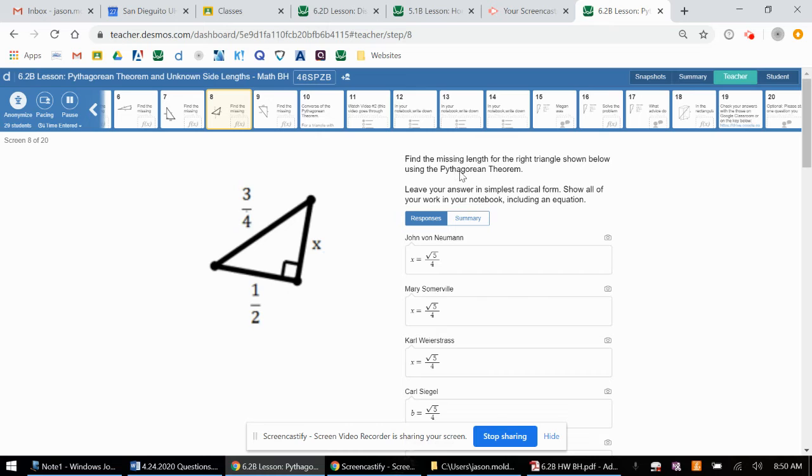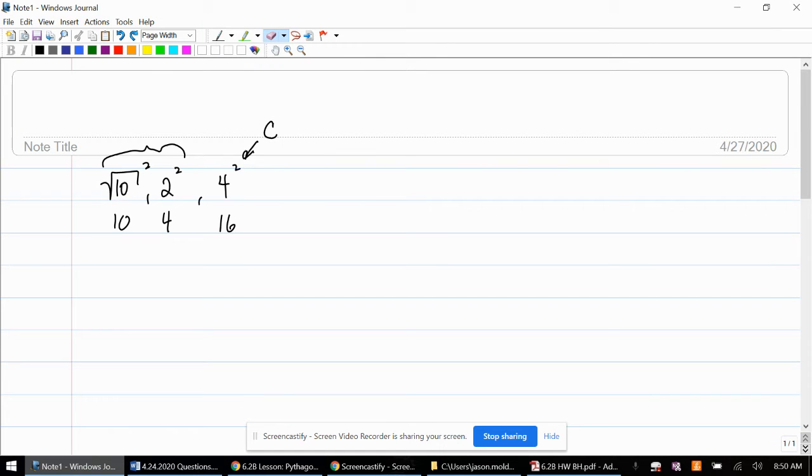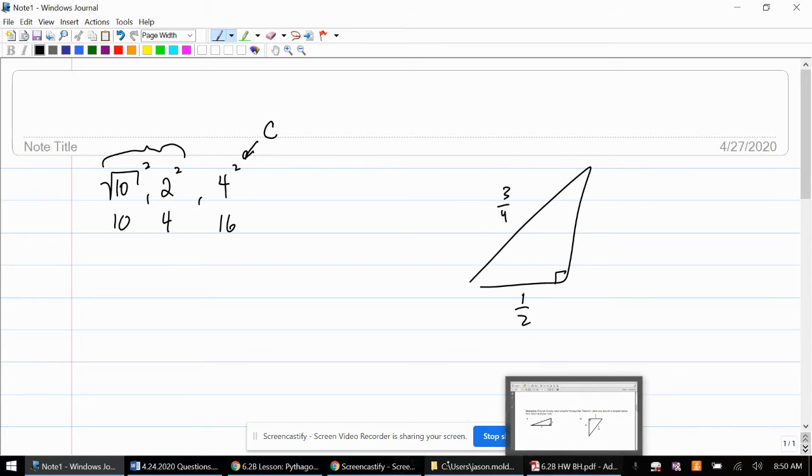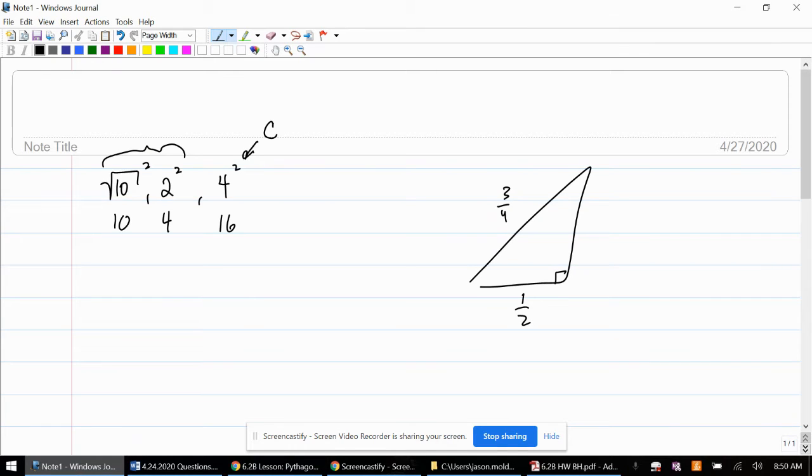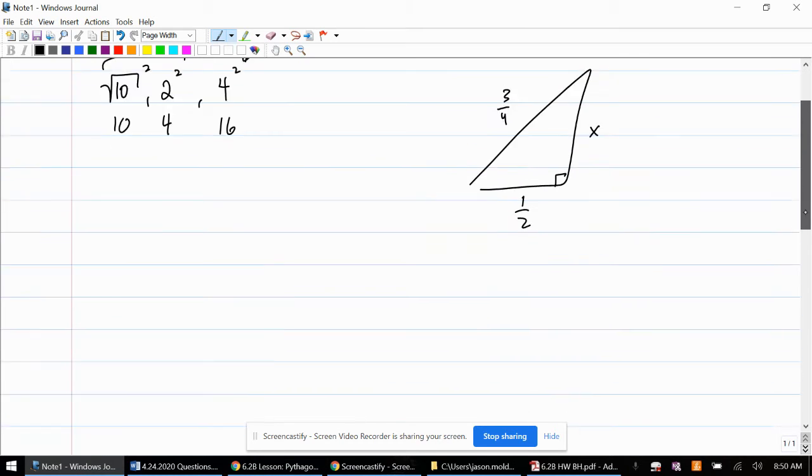6-2B slide 8, we have a right triangle, and the sides are 3/4, 1/2, and x. All right, so we will solve this.